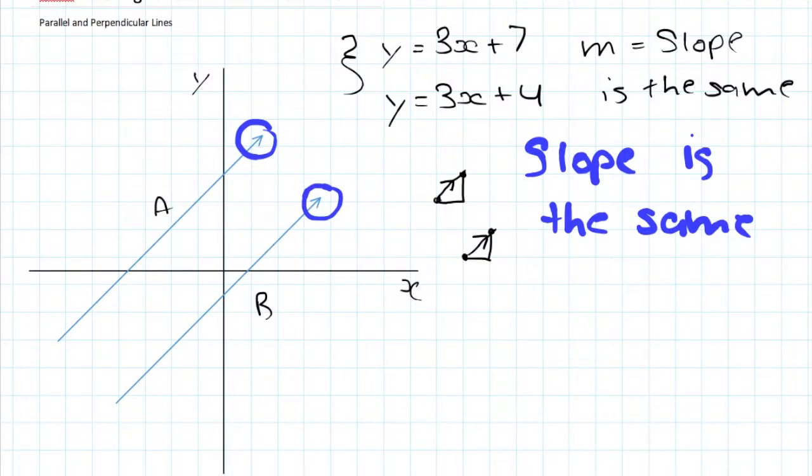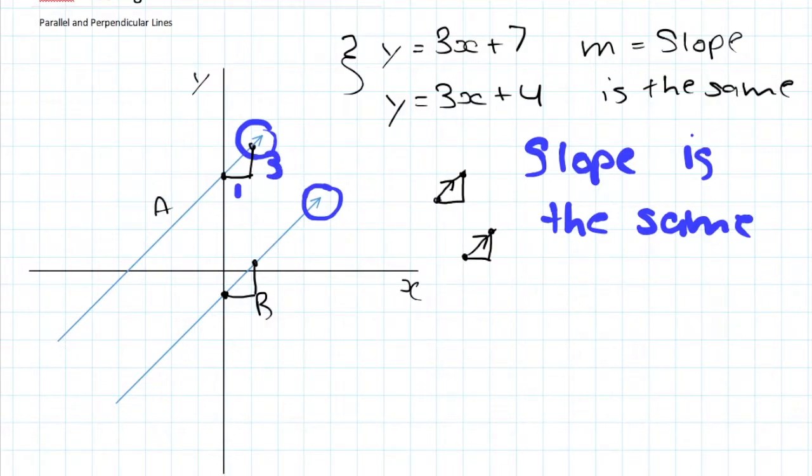If you thought about the y-intercept of this line over here and the y-intercept of this line over here, and both of these equations had the same slope, it'd be running the same and rising the same. So let's say that this top line has a slope of 3, so it ran 1 and it rose 3, right?